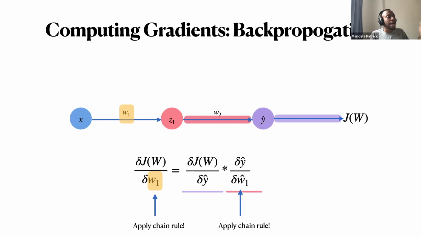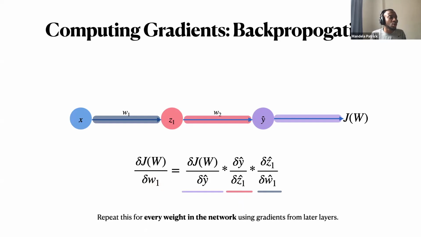Then similarly, we apply the chain rule again, and that gives us the gradient of the loss function with respect to W1. You keep doing this repeatedly for all of the weights in your network. The important thing to get is that fundamentally, we are just calculating gradients. A lot of modern frameworks, such as PyTorch, do this for you automatically, so you don't need to go into the nitty-gritty, but it's good to get a high-level understanding of what's going on in the background.